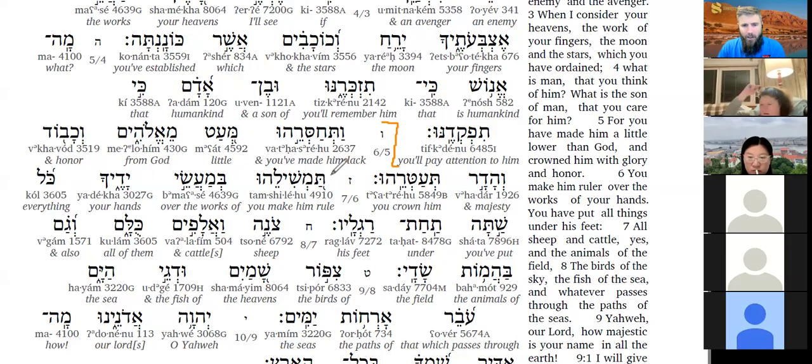And then the next part here, vatechasrehu. What is the root of vatechasrehu? Chasar. What does that mean in the Qal binyan? To be lacking. So what does it mean in the Piel?